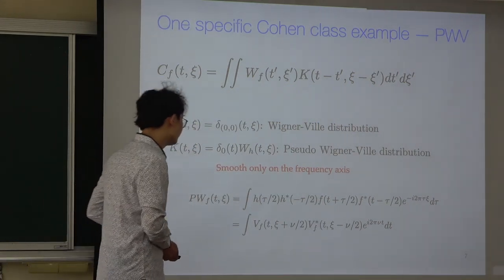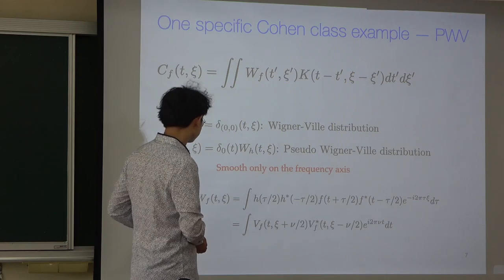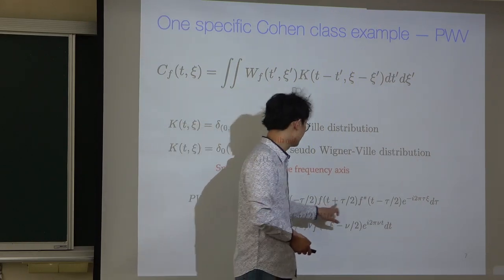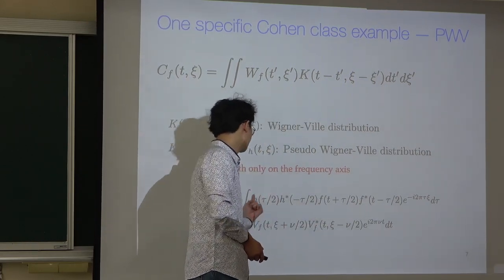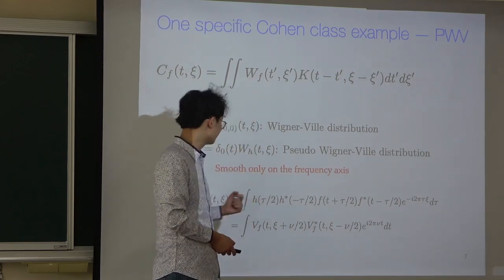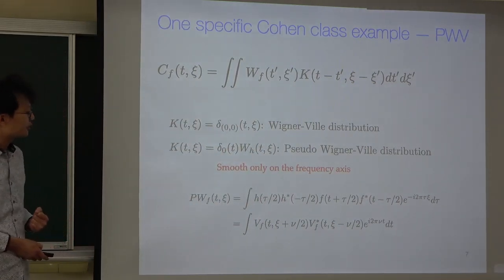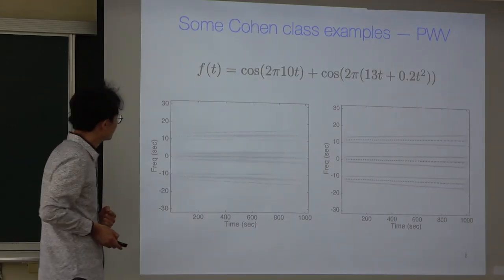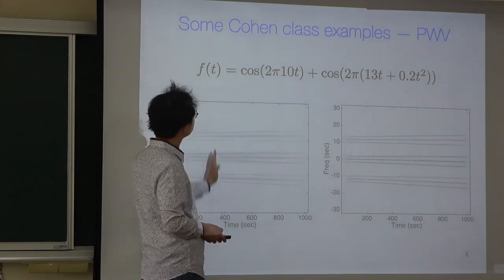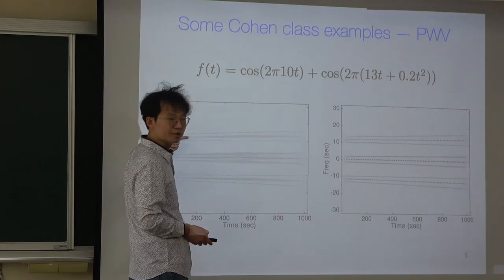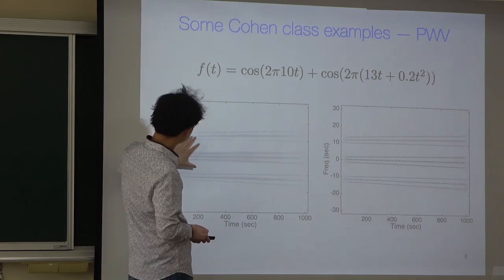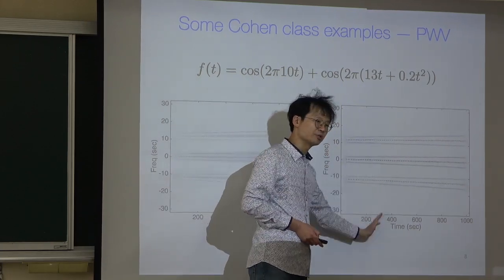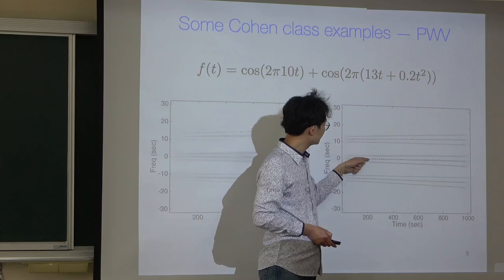That is equivalent to doing the following. You have the window h star and f star but you multiply it by some window in time domain. So that is the pseudo-Wigner-Ville distribution, and that is the result. If you only smoothen the frequency axis in this example, you see that this is a Wigner-Ville distribution, right? There's a lot of interference. After smoothing the frequency axis, you get some cancellation, right?